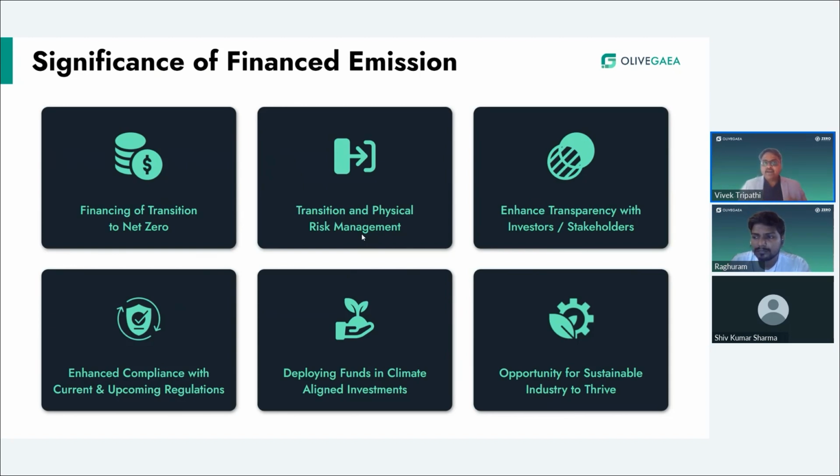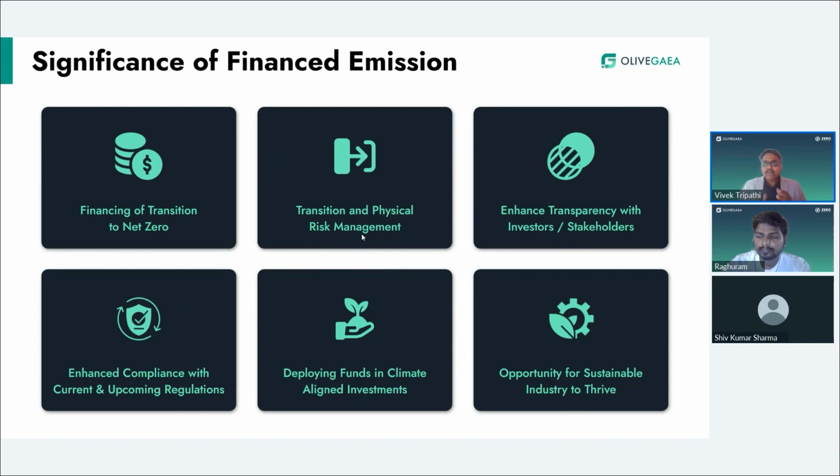It also becomes very important to look into two aspects of risk around the investment. As we have all heard, there is transition risk and physical risk. To put it simply, transition risk helps you understand how your investments are contributing to the problem of climate change, this whole climate crisis. And physical risk is the other way around: how climate impacts your investments.